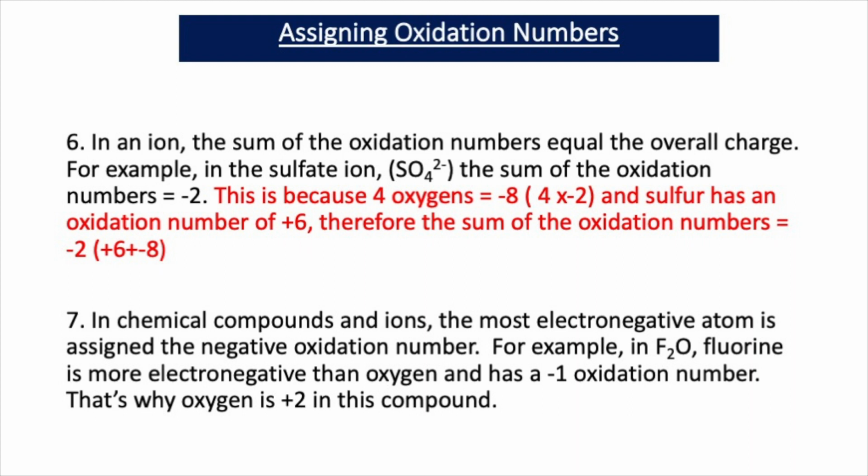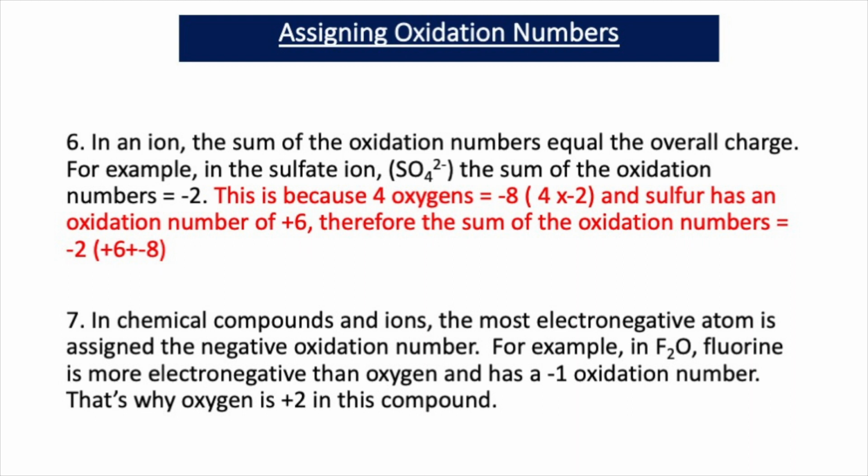This is because 4 oxygens have a total oxidation number of -8, 4 times -2, and sulfur has an oxidation number of +6 in this ion. So therefore the sum of the oxidation numbers, +6 plus -8, equals -2, the charge on the ion.